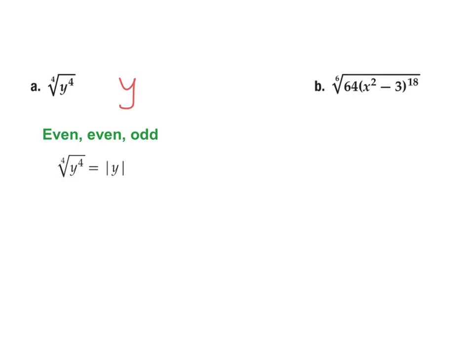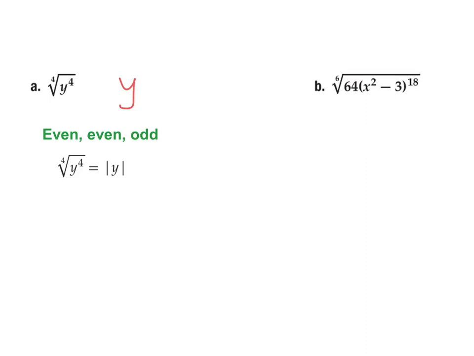What this does is it ensures that even if y ends up being negative, the absolute value will force the result to be positive. So only when it meets these conditions, even index, even power on the inside, odd power when we simplify, do I need the absolute values. And you only need it for the parts that have the odd power.